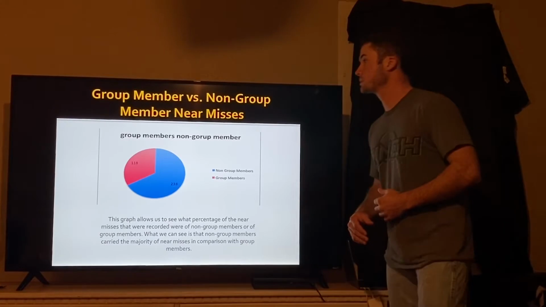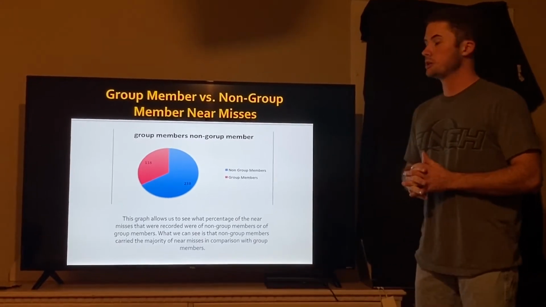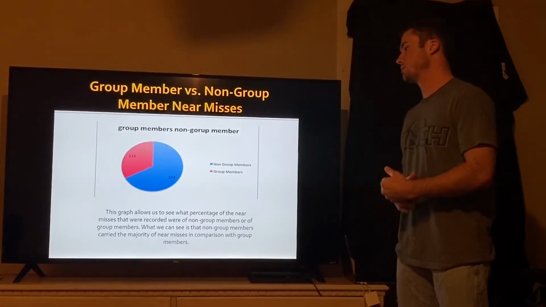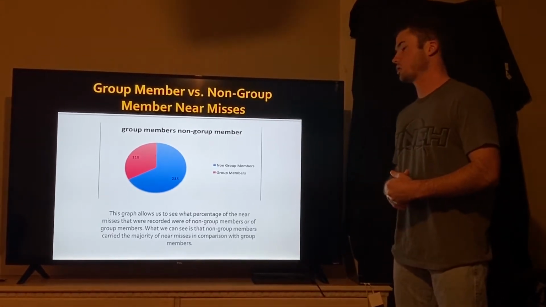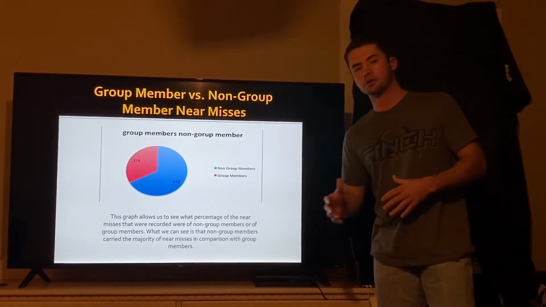Here we have the group member versus non-group member near miss chart. This graph allows us to see what percentage of near misses were recorded from group members and what percentage were recorded from non-group members.